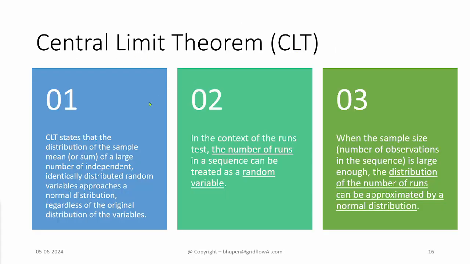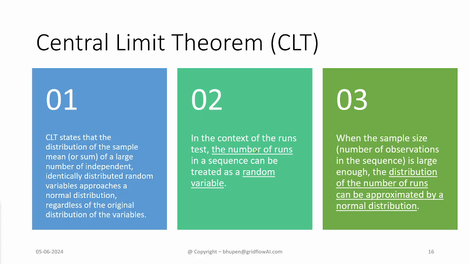The central limit theorem says that the distribution of a sample mean or sum of a large number of independent and identically distributed variables tends to take the shape of a normal distribution.